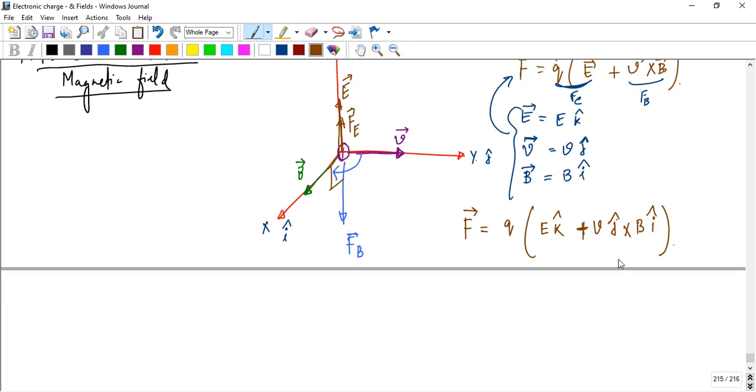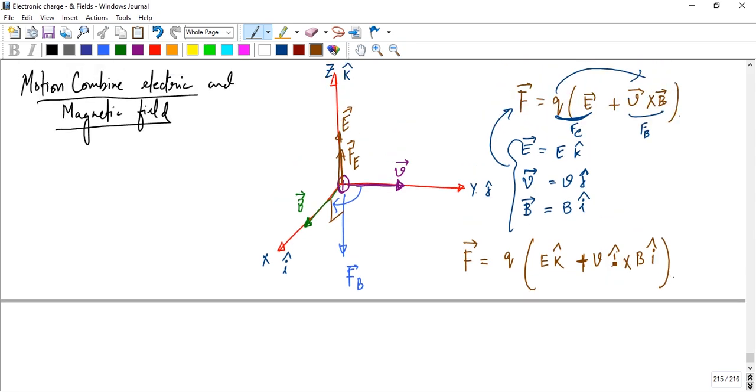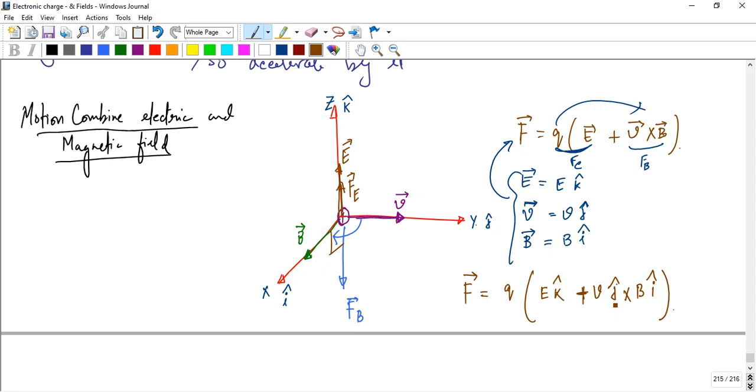Now you see the cross product between J cap and I cap. J cross I gives minus K cap.